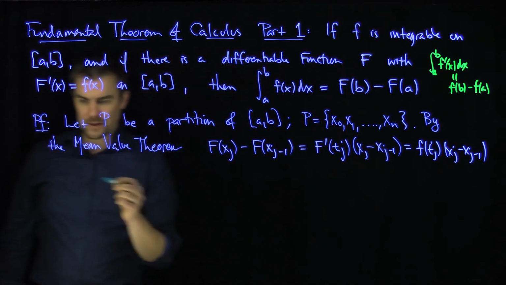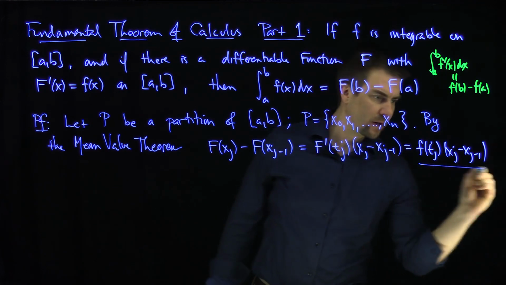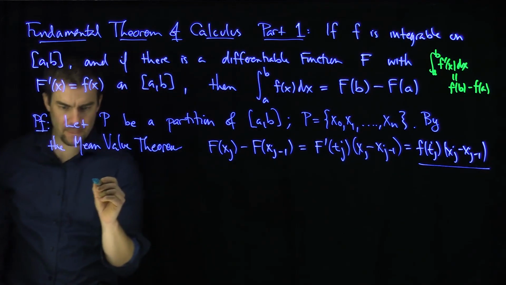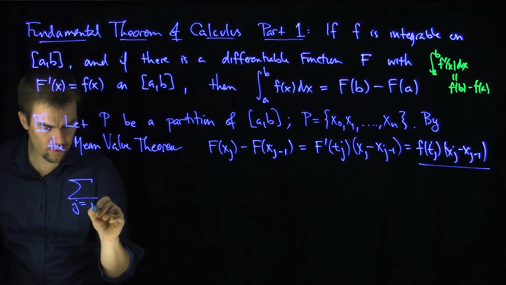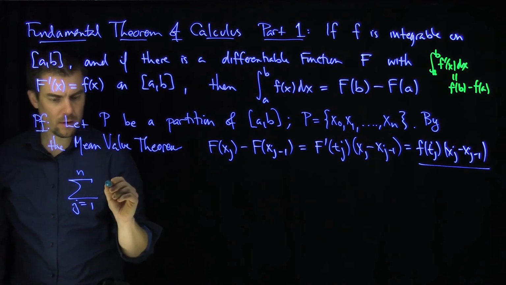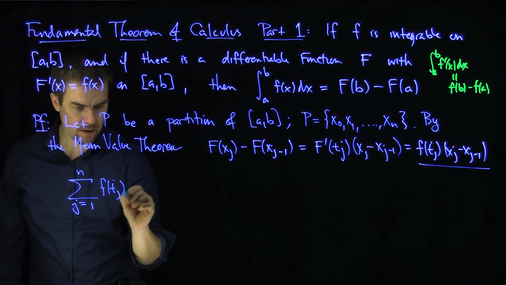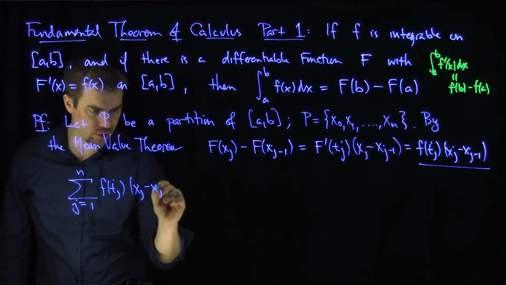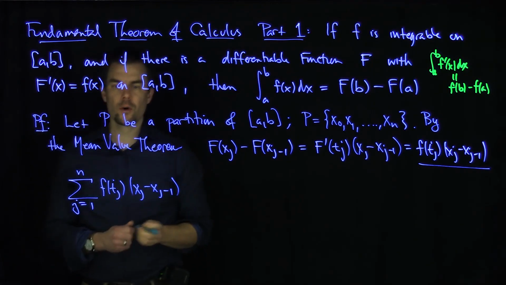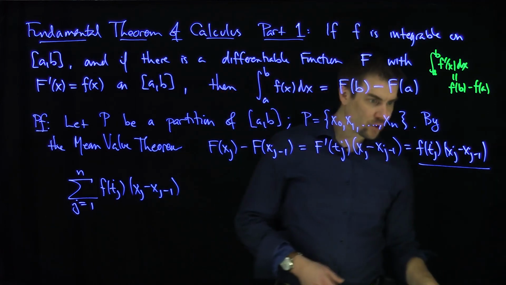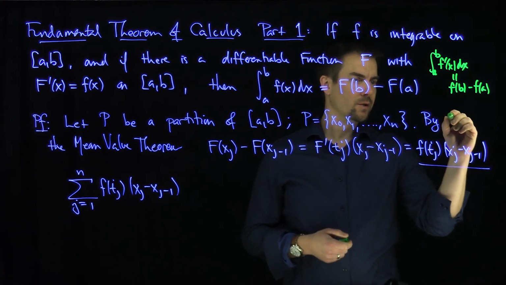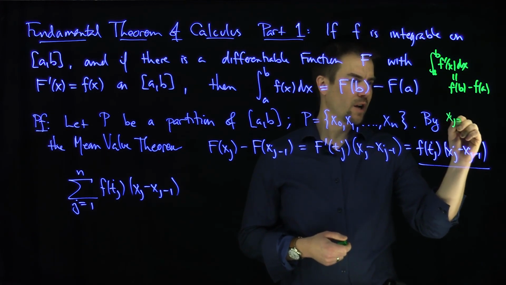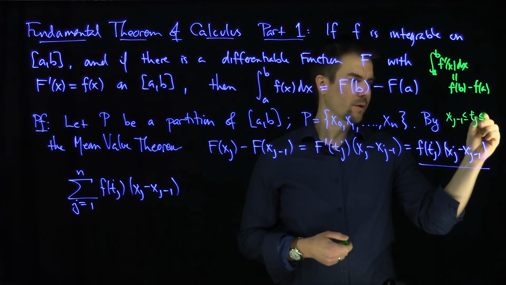Let's consider this expression over here, the sum, j goes from 1 up to n, of f of tj times xj minus xj minus 1. What do I know about this thing? tj is a point in the interval, xj minus 1 less than or equal to tj less than or equal to xj.